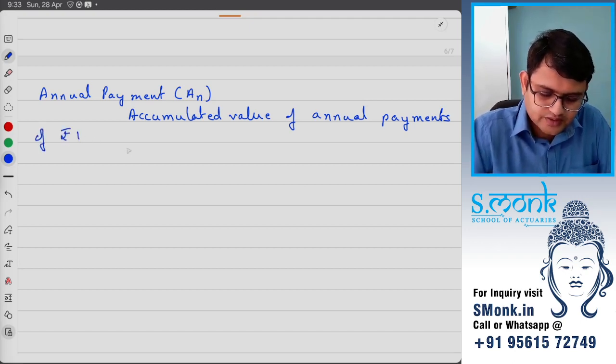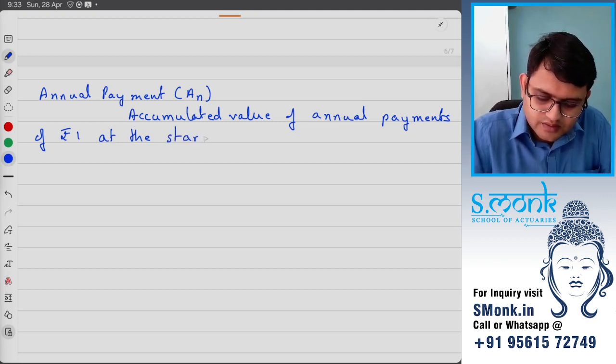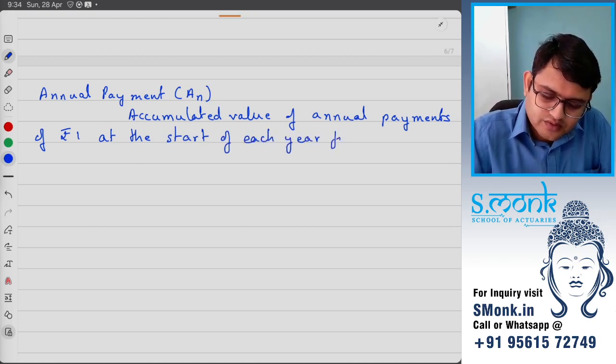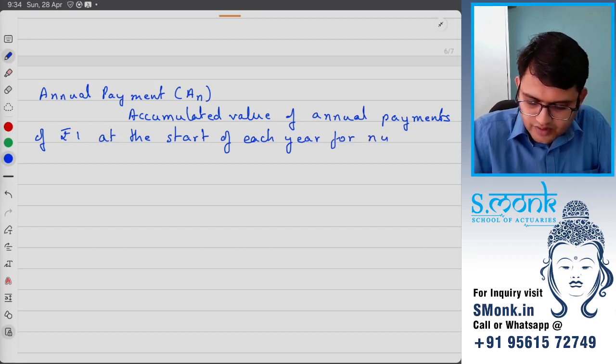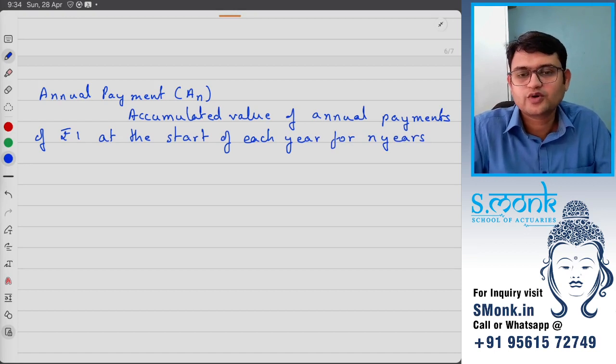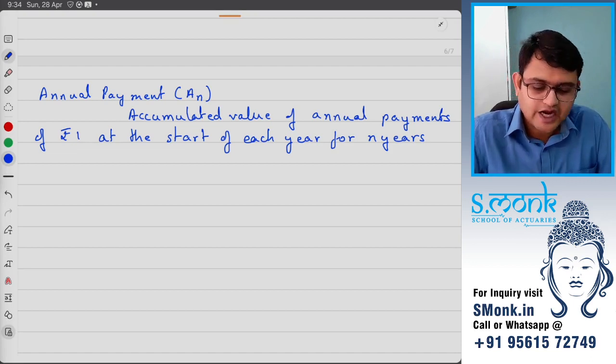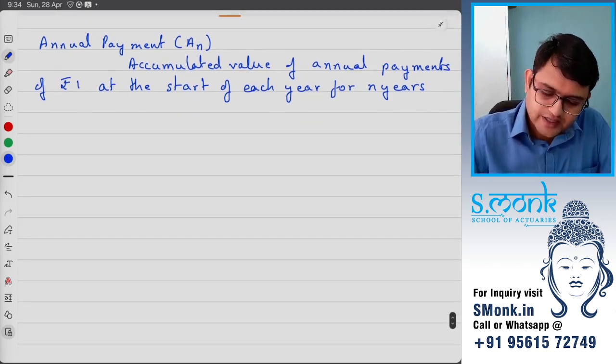rupees 1 at the start of each year for n years. So we are talking about accumulated value of annual payments of rupees 1 at the start of each year for n years.